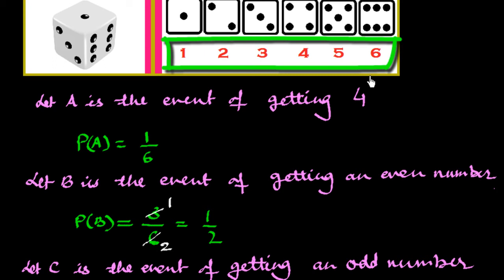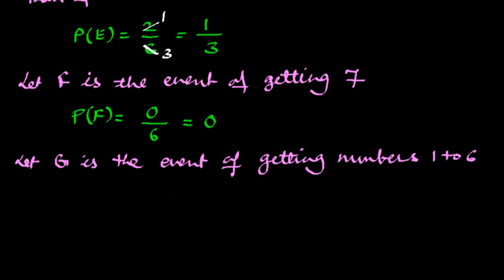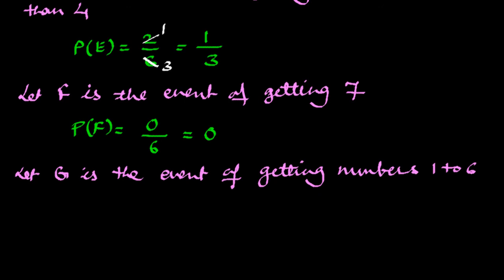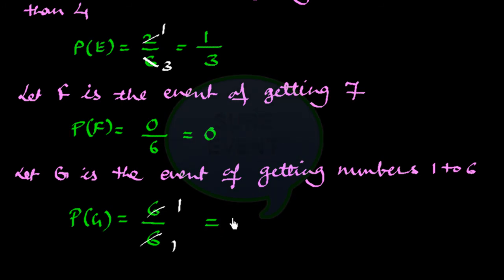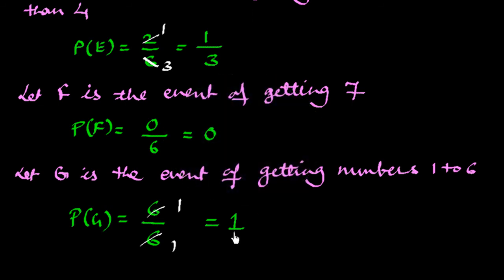So we have 6 favorable outcomes here. So we write the probability of G as 6 favorable outcomes over 6 total outcomes, which is 1. So this is a sure event. We are getting the probability 1. In this way we can find the probability for a single dice.